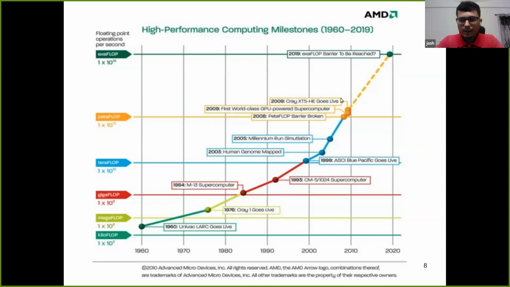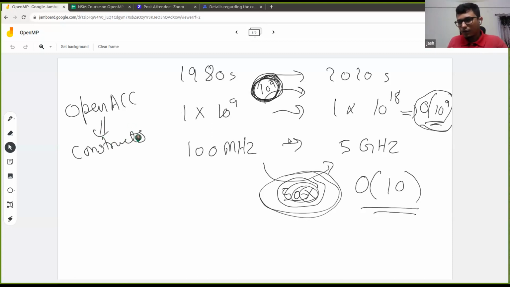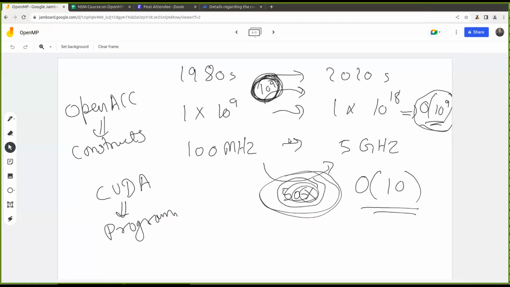OpenACC is more like OpenMP, in which you will have constructs like OpenMP to parallelize your code on GPU. And then there is another, slightly lower level language than OpenACC, which is CUDA, using which you can write programs which can be run on the GPU. Then CUDA is shared memory, it uses shared memory architecture.